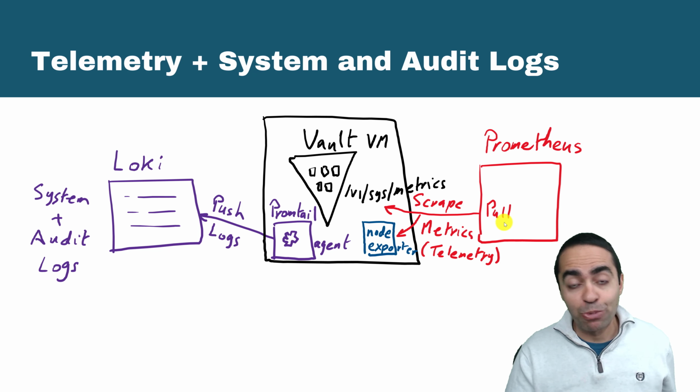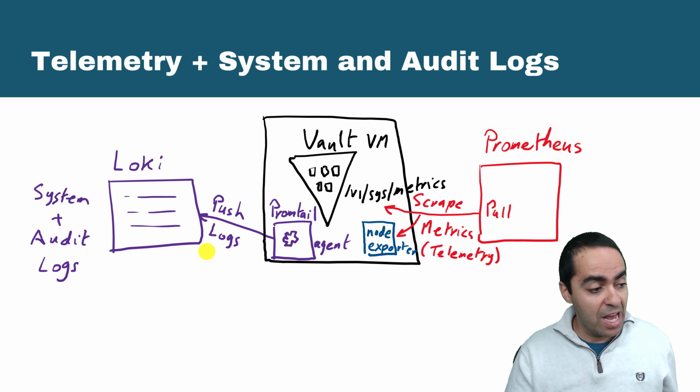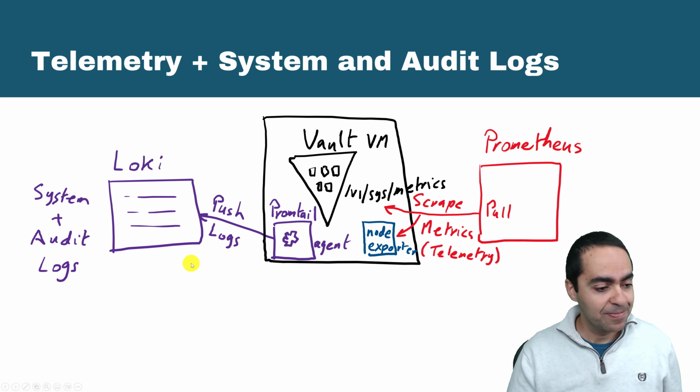And in this case, it's a push method. So the agent is going to push those logs to Loki. And those logs are primarily two sets of logs. There's the system or operational logs, and then there are the audit logs from Vault. So we'll have each one of those in their separate files, and those logs will get pushed over to Loki.